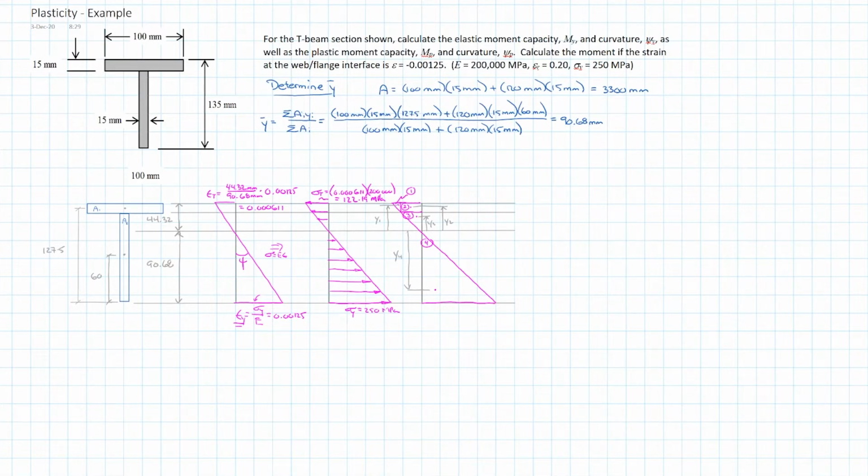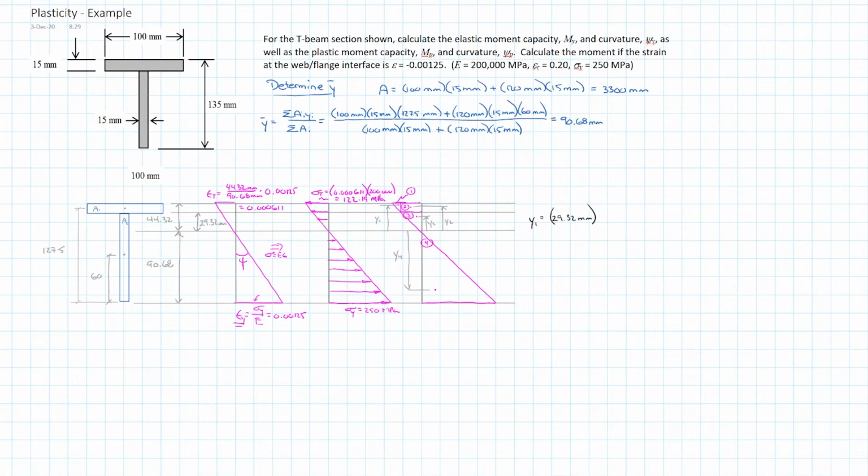Probably the one distance that I don't have drawn in, which will make this easier, is this distance from the neutral axis to the bottom of the flange. So let me just quickly calculate that as 29.32 millimeters.